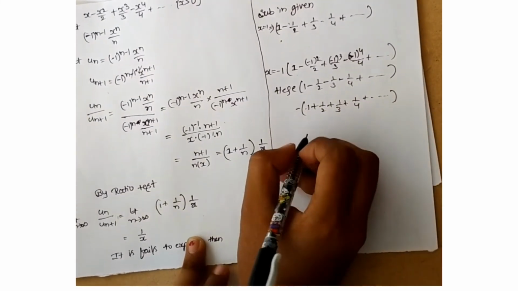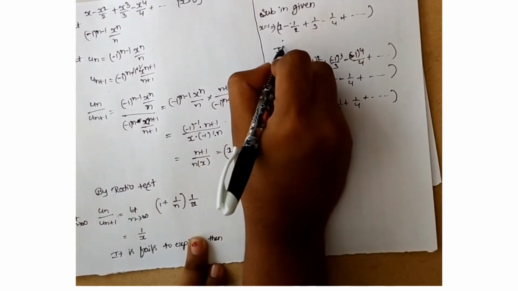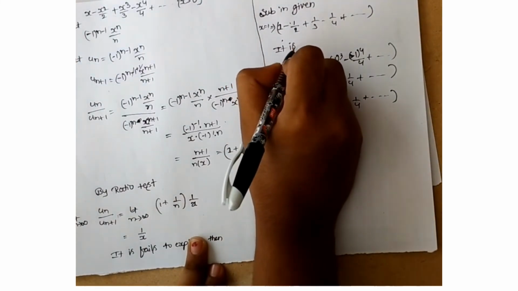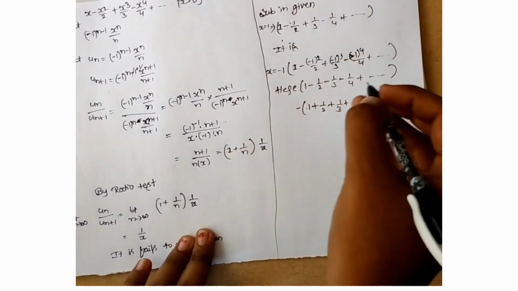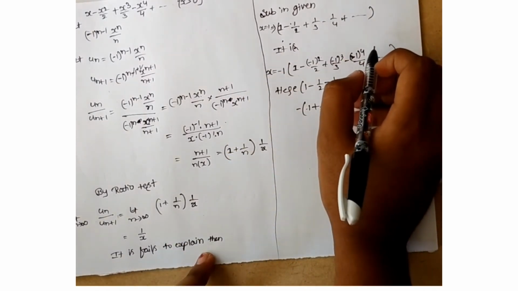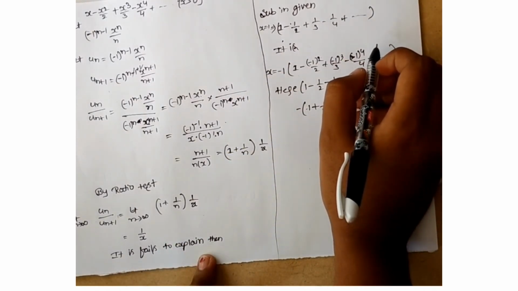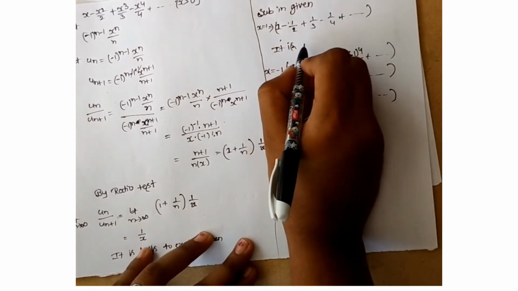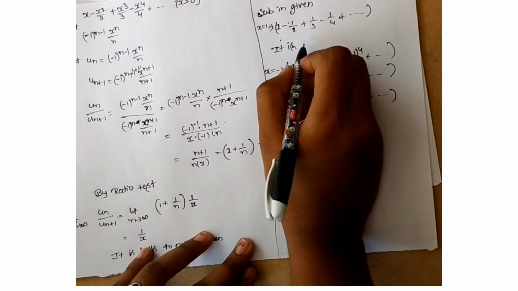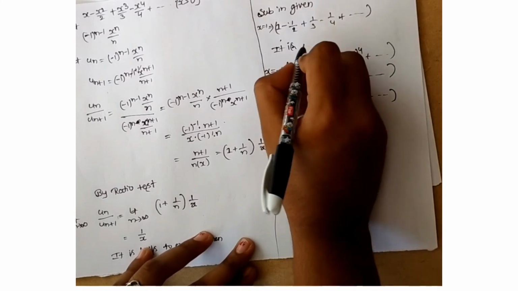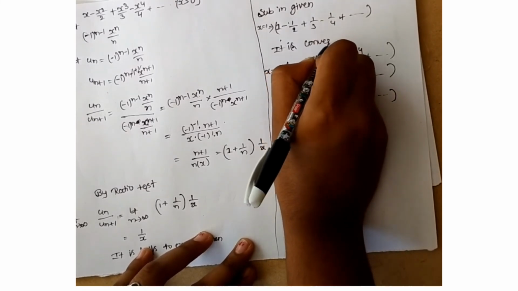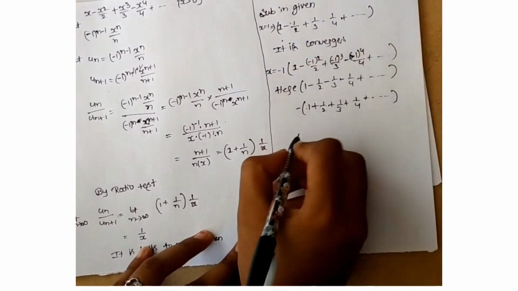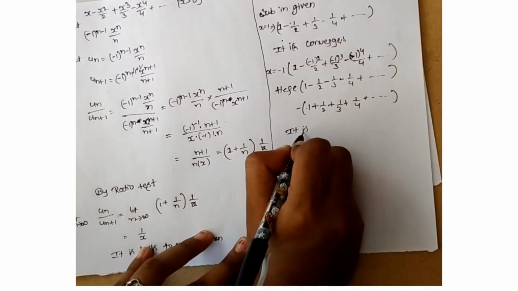In the ratio test, if the required value is less than 1, it diverges. Here it is a positive value, greater than 1, which means it converges. Otherwise it diverges.